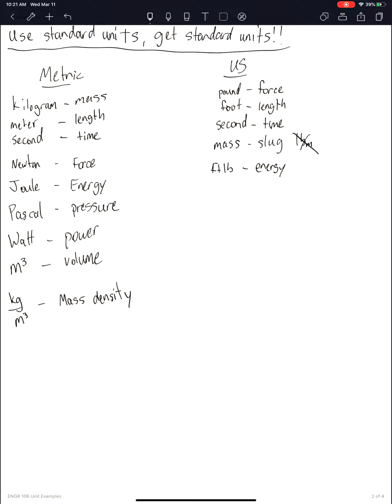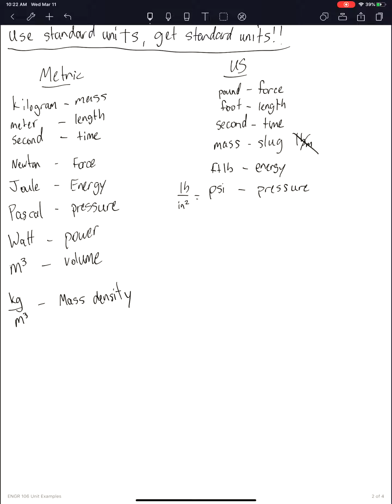For pressure, we have the pound per square inch. I'll just write it out. Pound per square inch is the PSI. Oh, wow, that's not correct anyway. Let's go back. It's got to be a combination of the standard length unit, which is a foot, not inches.